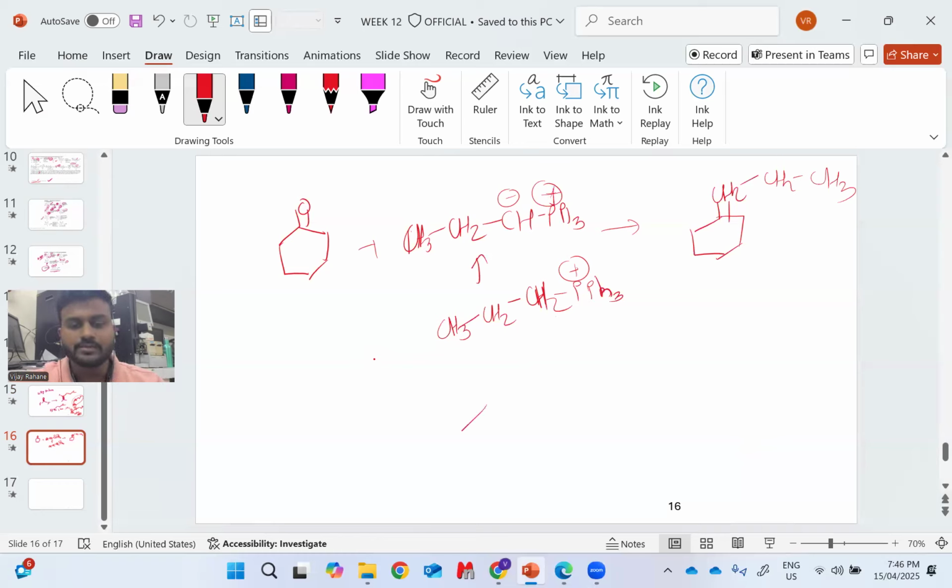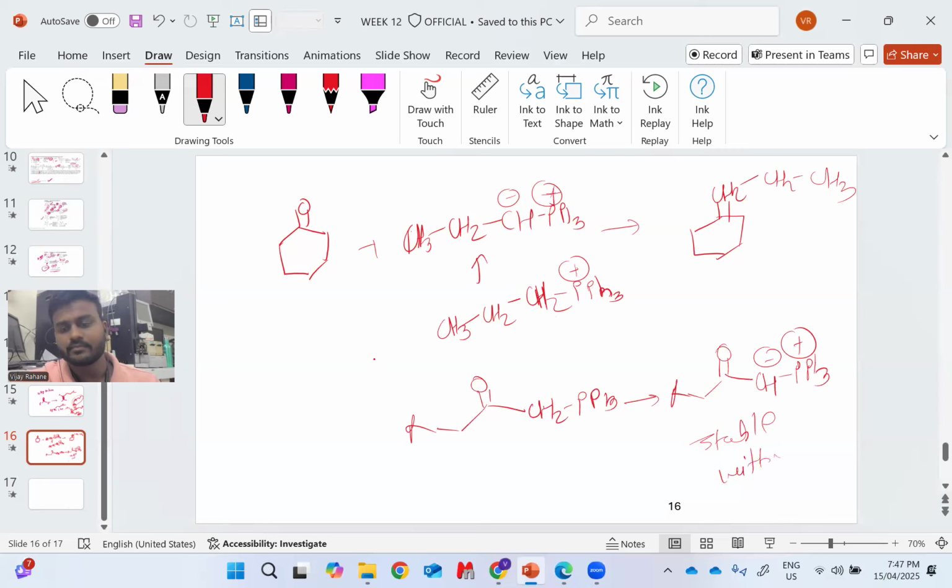Also there are some other examples of these Wittig salts like CH2 PPh3, and here CH negative P PPh3 positive, and particularly this is the stable Wittig. This is a stable Wittig salt.